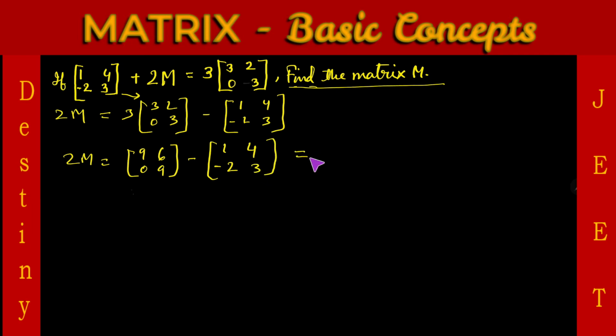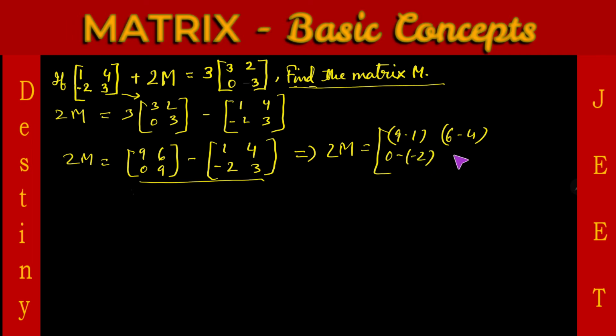From here what do we get? 2M is equal to, now let us subtract these two matrices because they are of the same order. Now 9 minus 1, 6 minus 4, 0 minus 2, and finally 9 minus 3. What do we get?